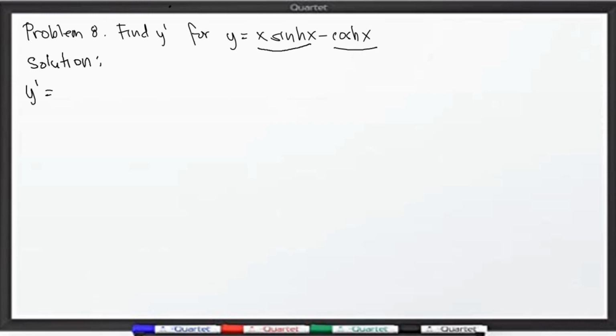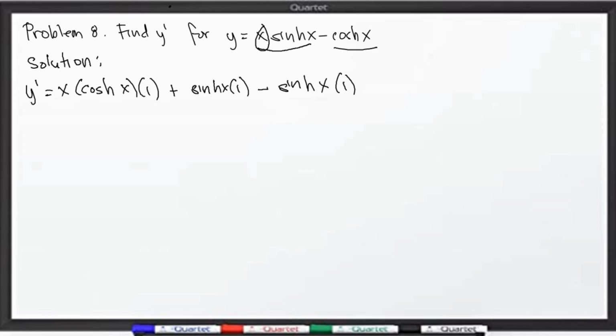Y prime is equal to, this is the inside, x times the derivative of the outside, which is cosh x du dx, and then plus sinh x times 1 minus the derivative of cosh x will be sinh x times 1.